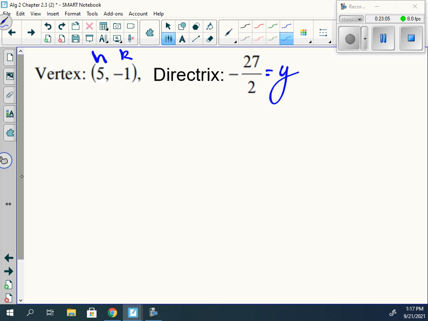Well, here, since it says the directrix is y equals this number, the general form that has that is our y equals 1/4p, parentheses x minus h squared plus k. Because out of the two, that's the only one that has a directrix of y equals. We just look back at the general form and see which one it matches up with. And it matches up with this one here.